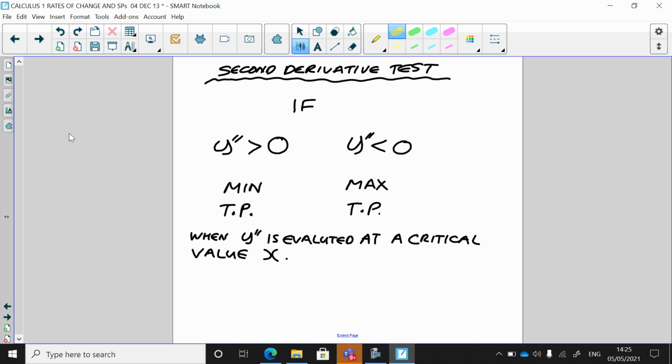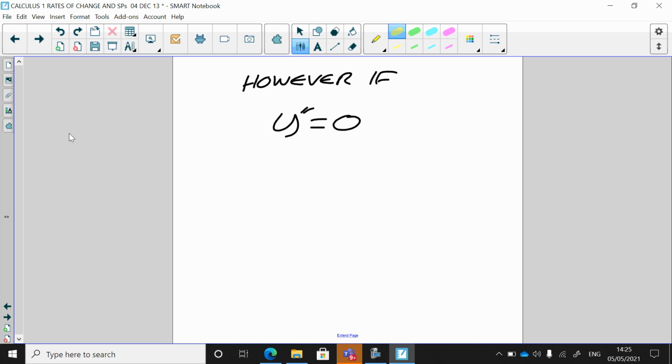If the second derivative, when it's evaluated at the critical value, is positive, we have a minimum turning point. If, however, the second derivative, when evaluated at the critical value, is negative, less than 0, we have a maximum turning point.